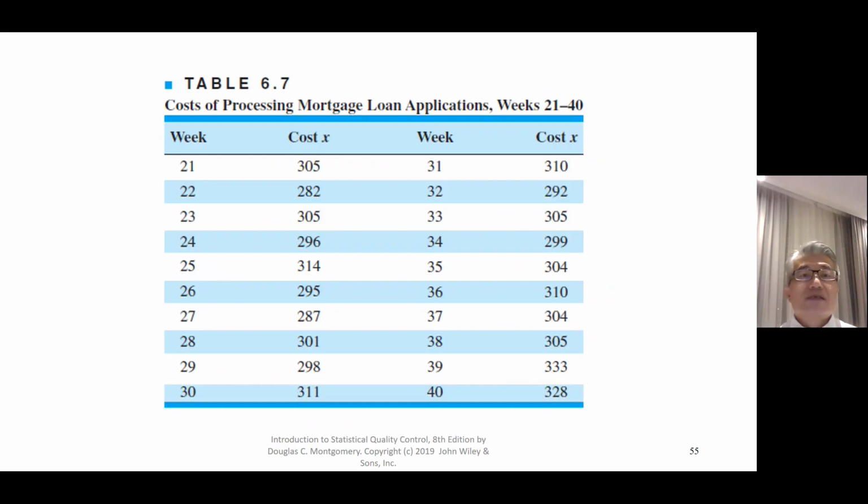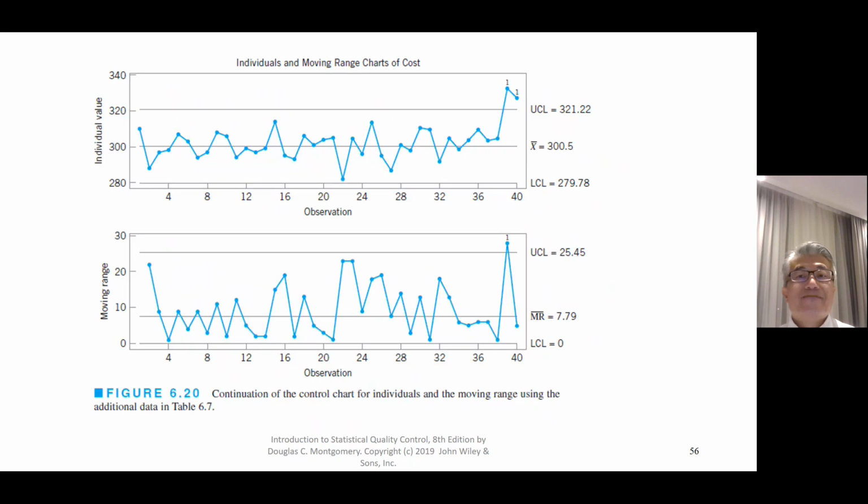So this is the cost of processing mortgage loan applications, from weeks 21 until 40. Then you can see that there's a point that plots outside in the Shewhart chart, and also in the moving range.